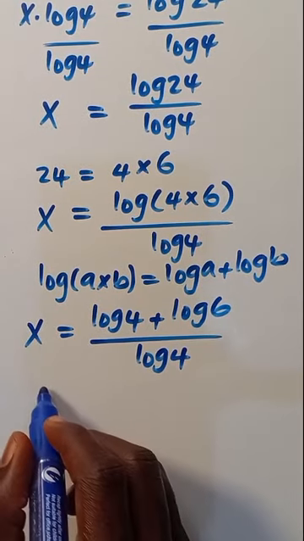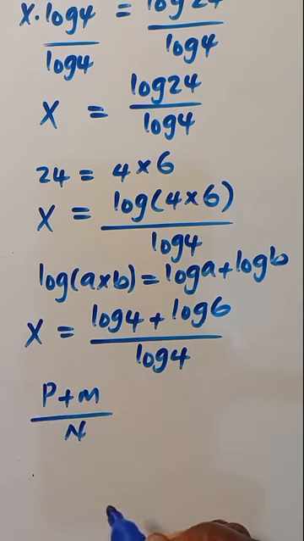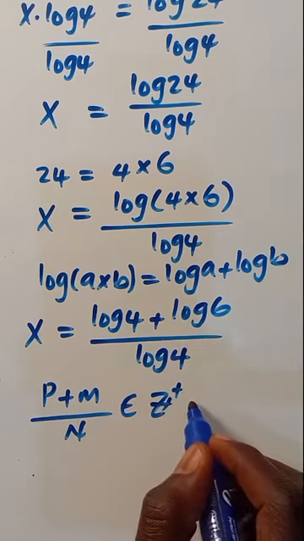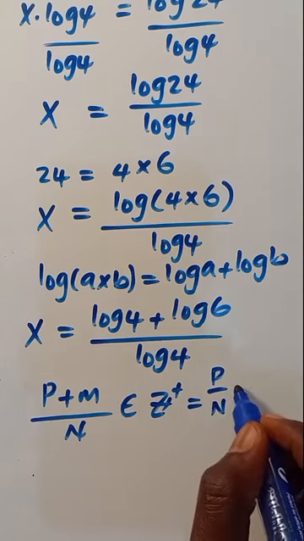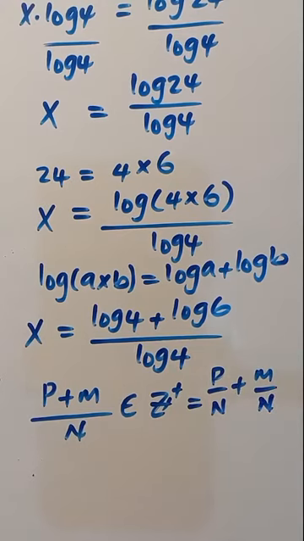Then also when we have (p plus m) over n, such that they are all positive integers, we can write this as p over n plus m over n.